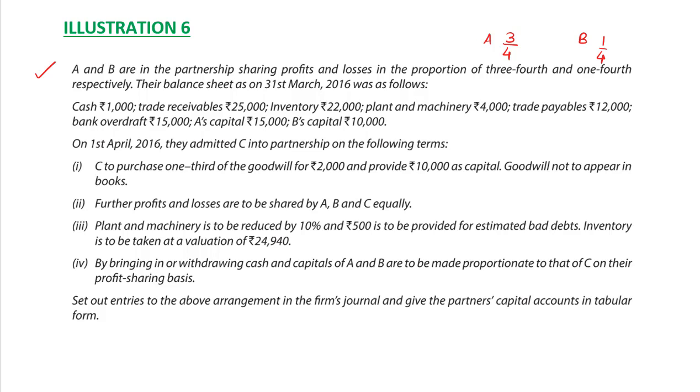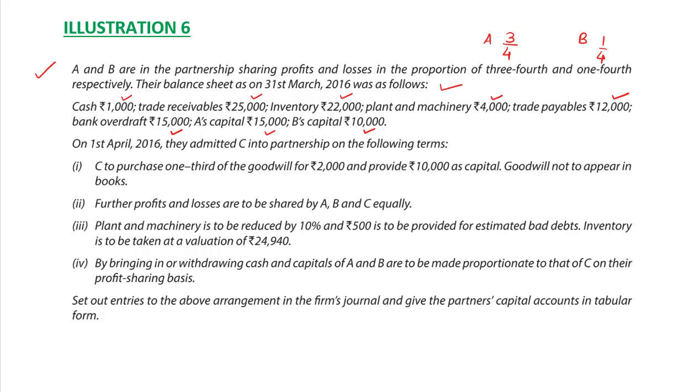Their balance sheet as on 31st March 2016 was as follows: cash 1000, trade receivable 25,000, inventory 22,000, plant and machinery 4,000, trade payable 12,000, bank overdraft 15,000, A's capital account 15,000, and B's capital 1,000.